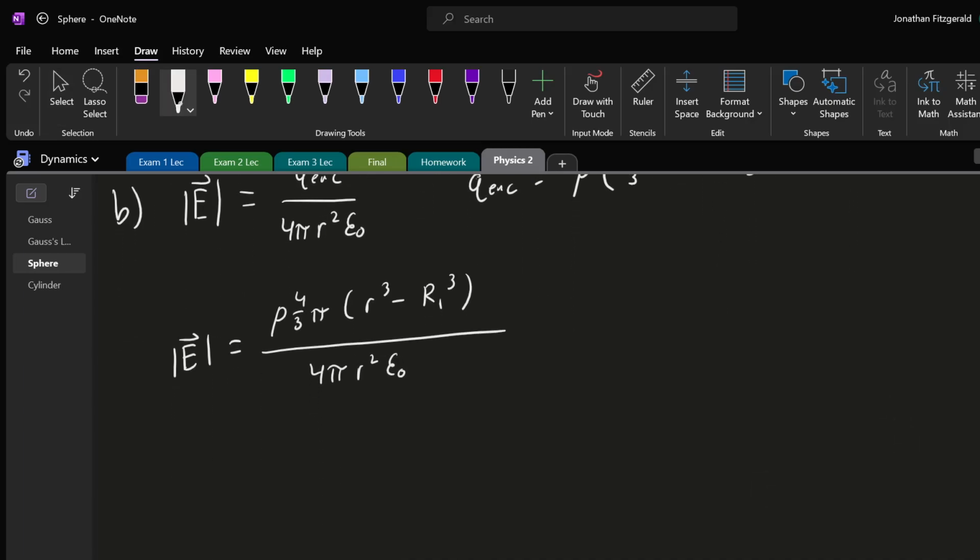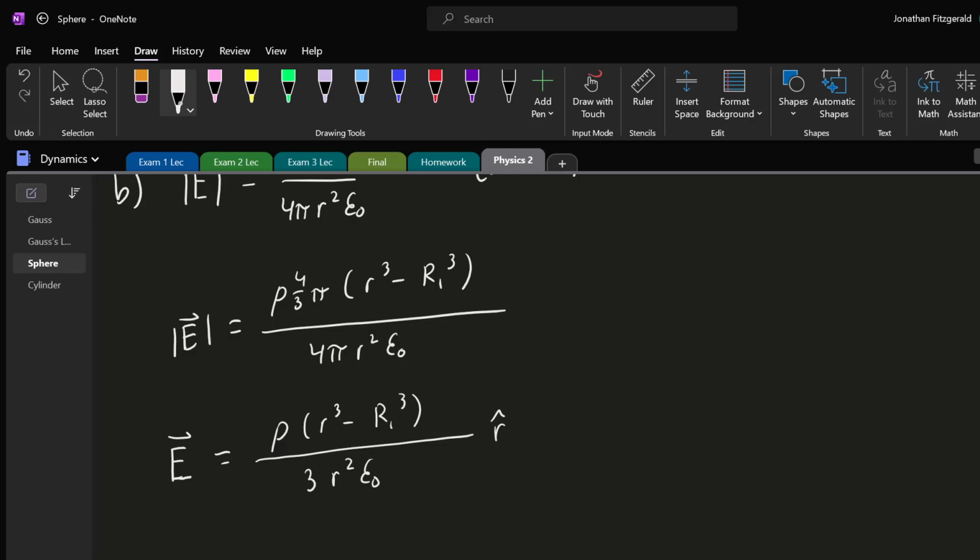Now, electric field is a vector, so we can take away the magnitude and add a unit vector r hat. But first, we have to cancel this stuff. So 4's cancel, pi's cancel. We're just left with rho times little r cubed minus R1 cubed, divided by 3 little r squared epsilon naught. Then we can just slap an r hat at the end and it will all be good.